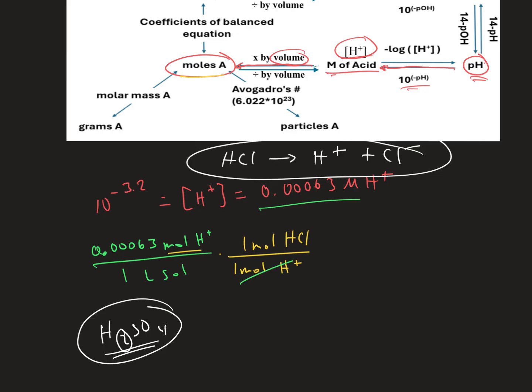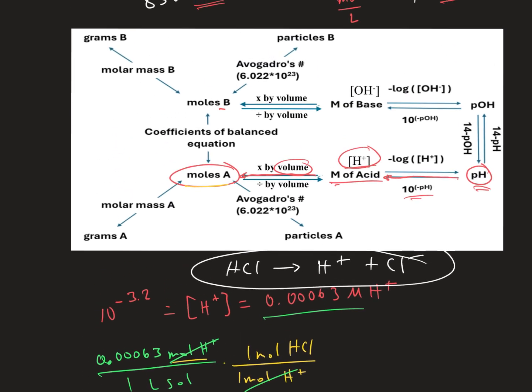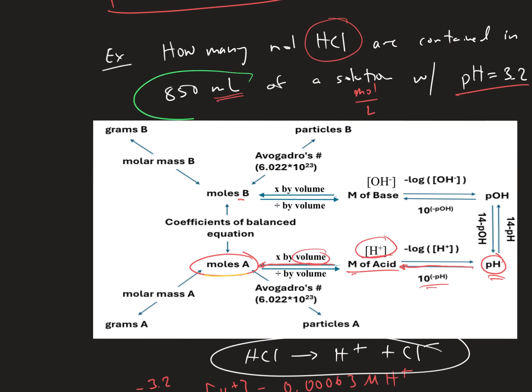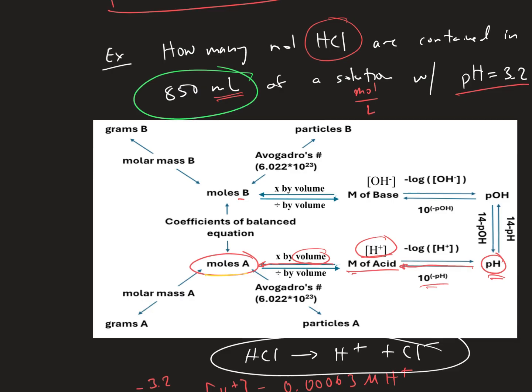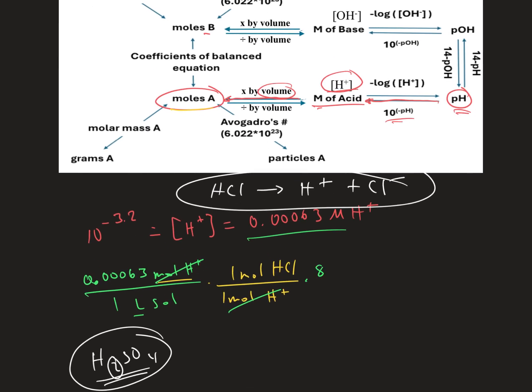So then moles of HCl go away. Now I have moles per liter of my HCl. I don't want moles per liter, I want moles, so I better use this guy. Okay, 150 milliliters. But does it cancel? No, it doesn't, so we got to convert that into liters.